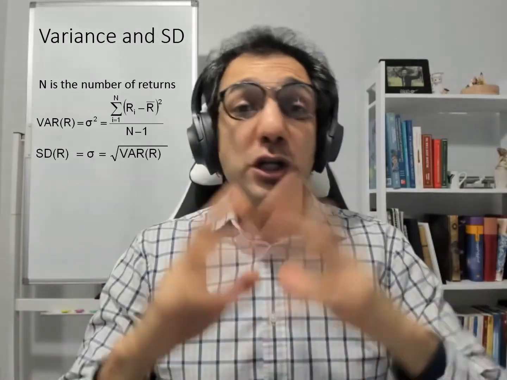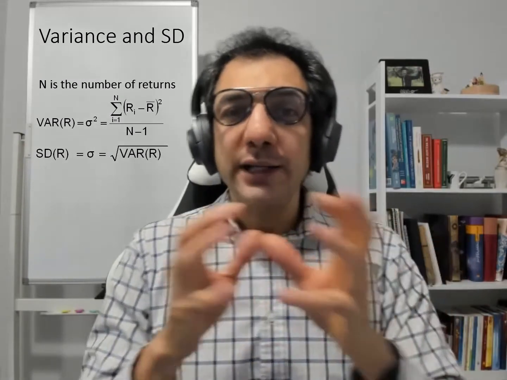Maybe you say, Ali, why n minus 1? Remember, most of the time you are using samples to calculate the variance, so you don't have access to the whole population. Since you are using a sample, we need to adjust for the error. The adjustment is made by subtracting 1 from n, where n is the number of data points or samples you have. So you divide by n minus 1.